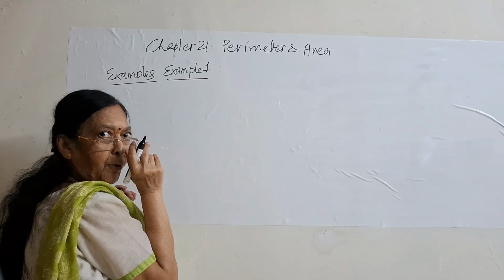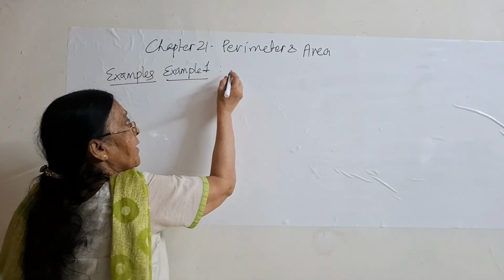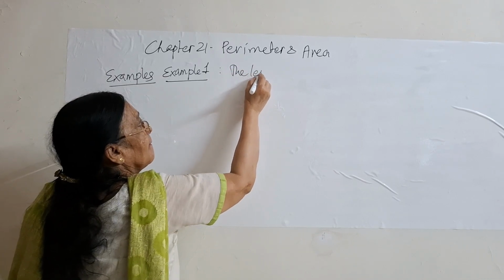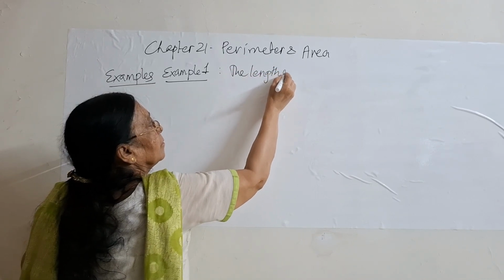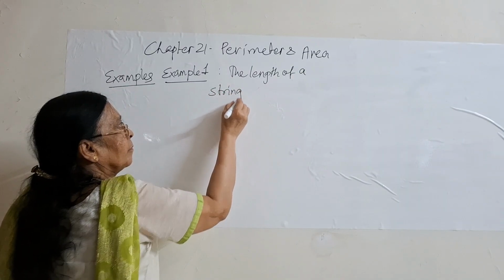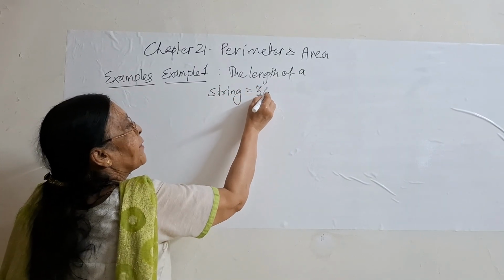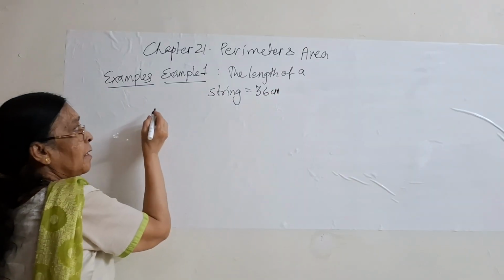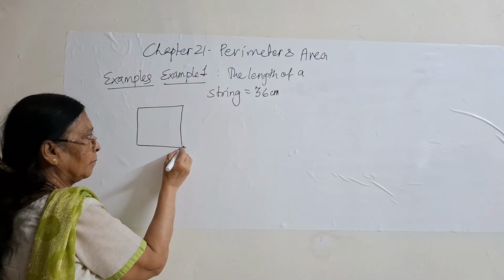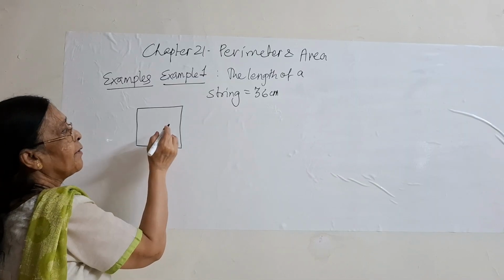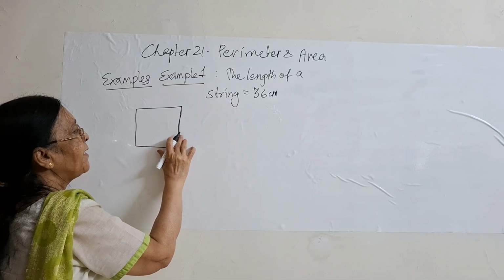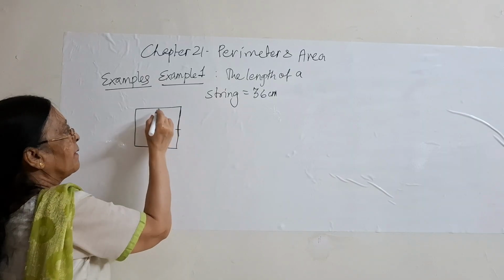Now, I am going to show the example. The first example is: the length of a string is equal to 36 centimeters, and we have to make a square with this string. So I have to find the side of the square.